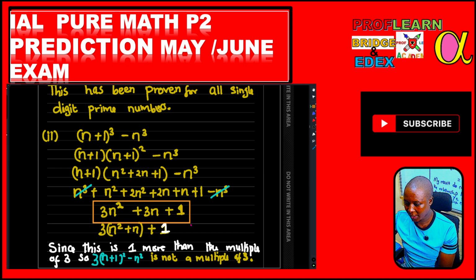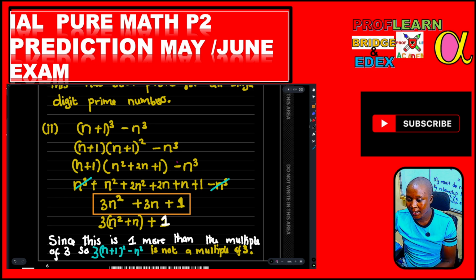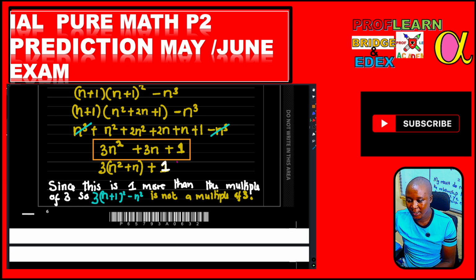But if you look at this expression, there is no way you can factor it so that you can get a 3 out of all the terms. So the only way is to have 3 into n squared plus n, close the bracket, plus 1. So you can see now this part is a multiple of 3, but this one is not.